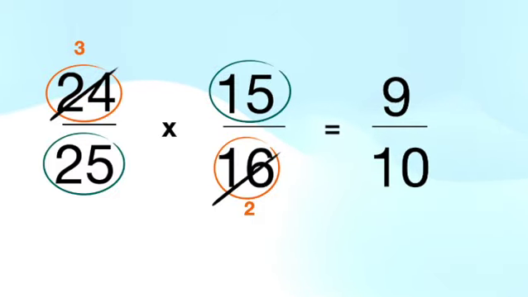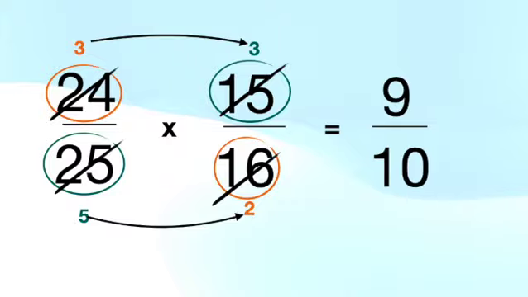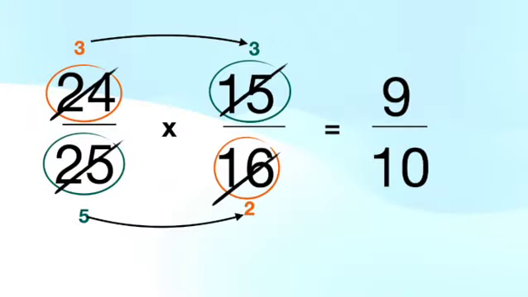And then I'm going to say 25 divided by 5 is 5, and 15 divided by 5 is 3. So it's important that they do it the longer way first so they understand why you're dividing by 5, and why you're writing the numbers 5 and 3. That way they can see it better. They can imagine it a little better in their head. And obviously the answer is going to be the same because it's still 3 times 3 in the numerator and 5 times 2 in the denominator.